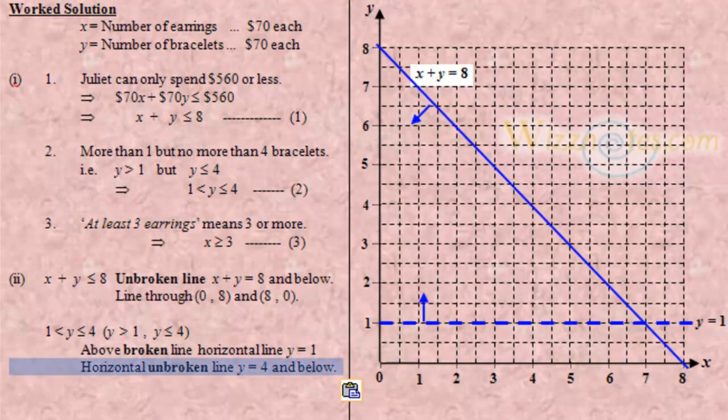So we can go ahead and put in that horizontal line. Y equals 4 is a horizontal line passing through 4, so that is it. And the arrow pointing down is to indicate that we want the region below the line, and then we must label our line with the equal sign. So that line is y equals 4.